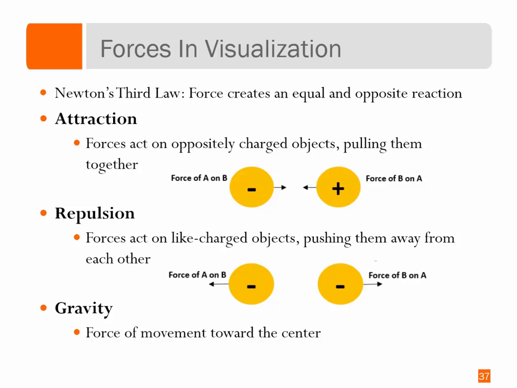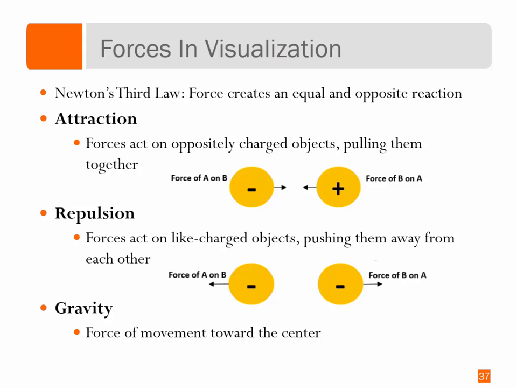So first let's talk about attraction. Forces act on oppositely charged objects, pulling them together. So if we have a force of A on B and then a force of B on A, it's going to pull those two together. So you could think about two opposite poles of a magnet, maybe.